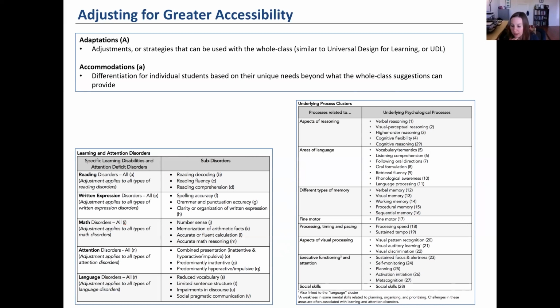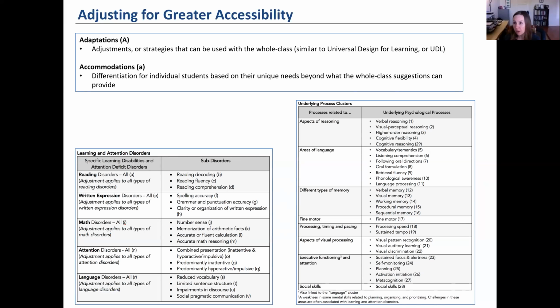On the right, this table shows a range of psychological processes underlying these disorders where students can experience deficits, and we considered these as we were writing lesson adjustments.